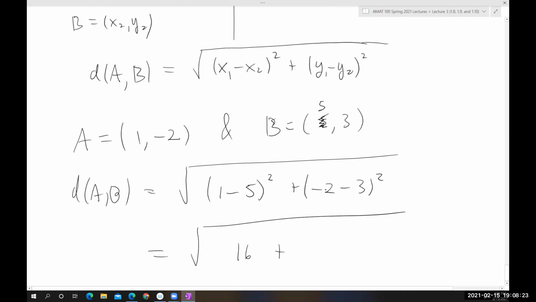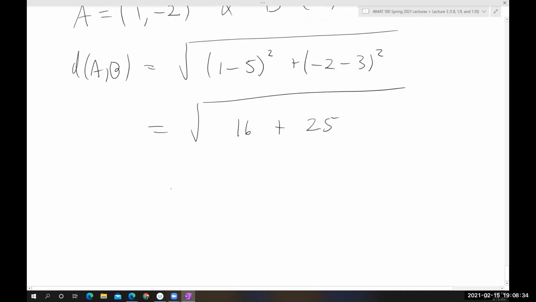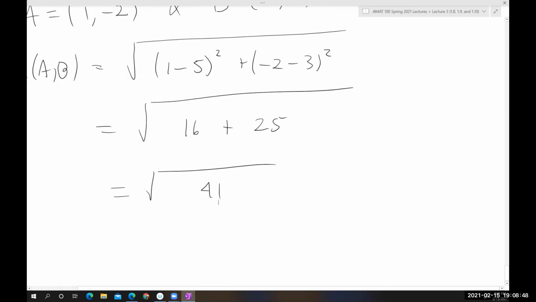And then this will be -2 minus 3, which will give you -5, squared, which gives you 25. When you combine these, you get, I don't know, what do you get? 41, I guess. Did I do that right? And this actually can't be simplified any further, but that will be the distance between these 2 points in the plane.